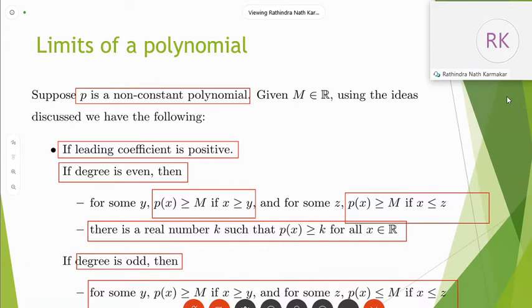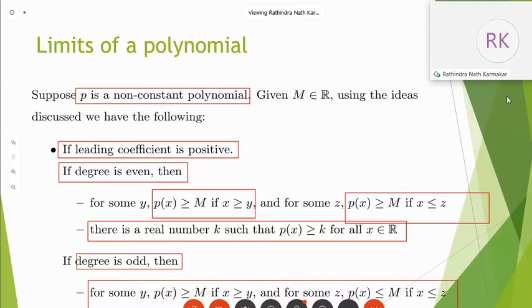It's just like f of x equal to x. It will exceed m after some value and it will become less than m before some value. If you imagine the graph and draw the line y equal to m, you will observe that after some value, the graph lies above y equal to m, and before some value, the graph lies below y equal to m.